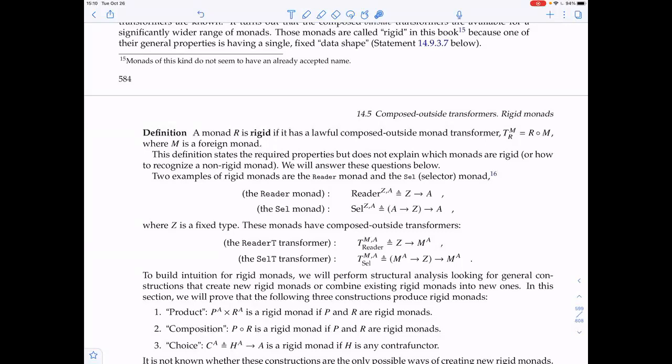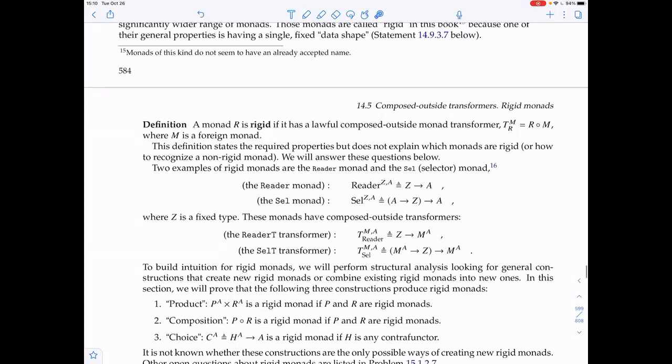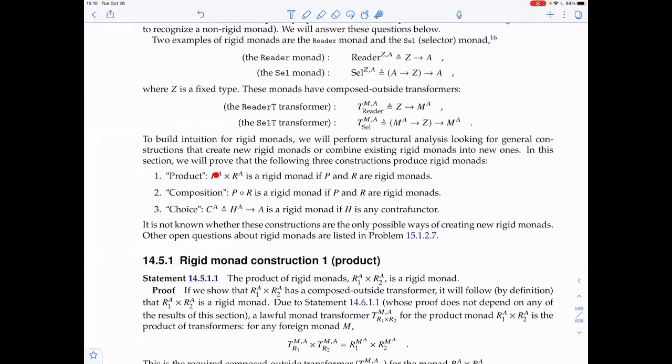I will not talk about this in this tutorial, but this kind of monad or this kind of type class can be used in different ways. It has different properties that are not related to monads. So in any case, these are the examples of monads that have composed outside transformers.